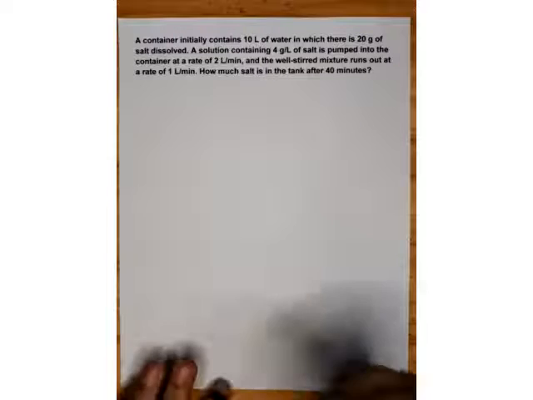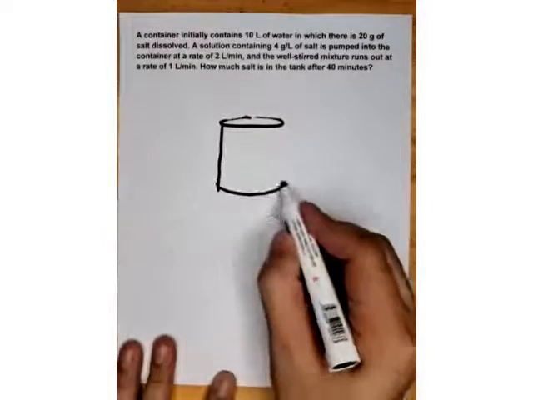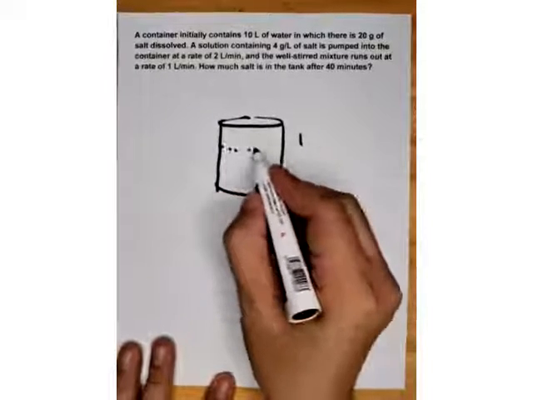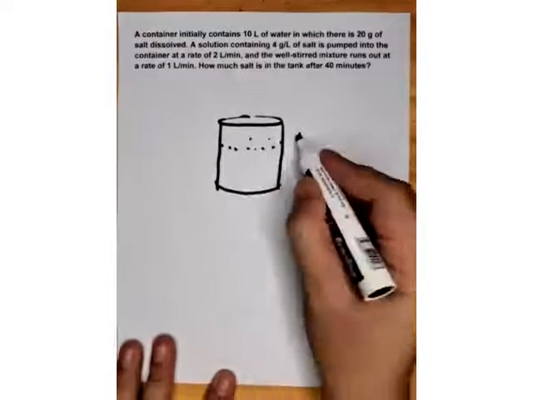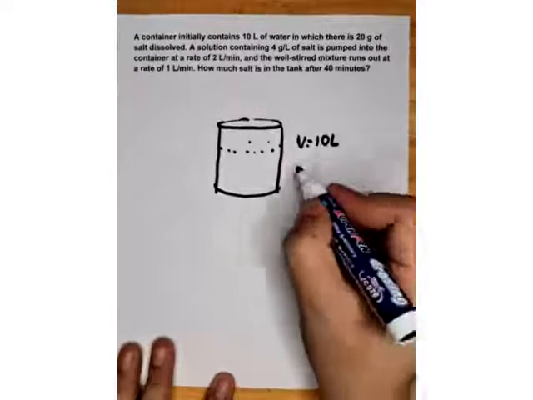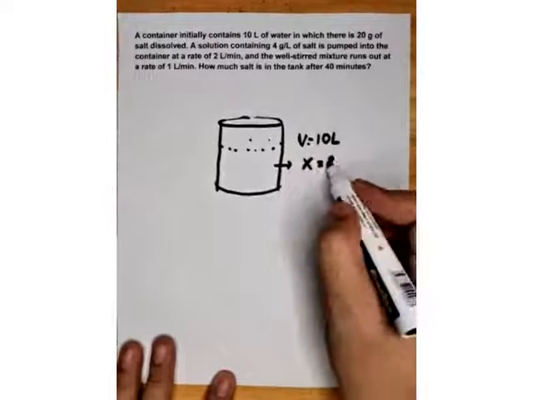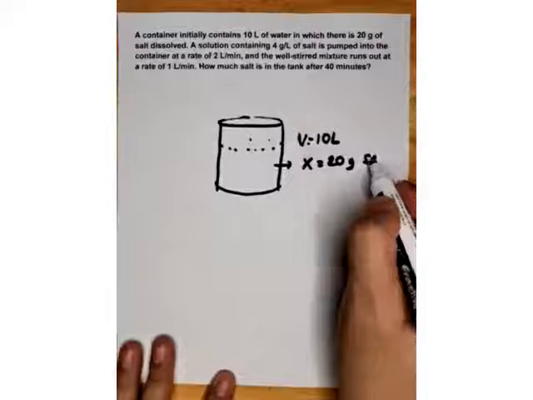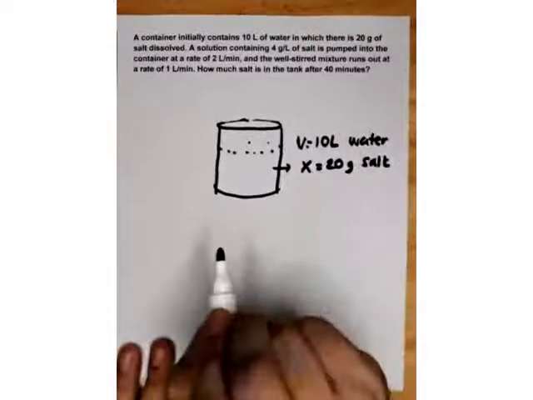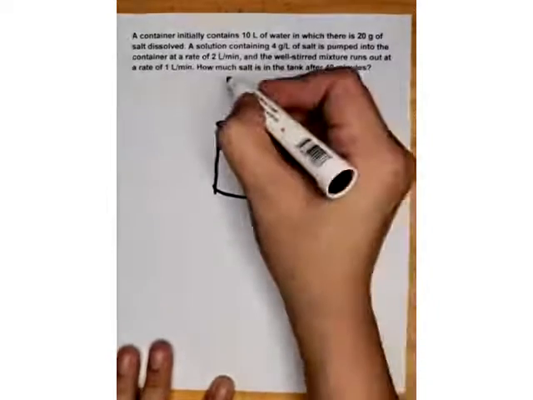So let's just draw the figure. Let's say that this is the container, and the container has a volume of liquid of 10 liters of water, and the initial salt dissolved is 20 grams of salt. And then a solution containing 4 grams per liter of salt.